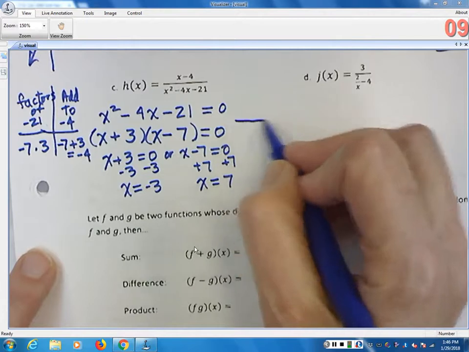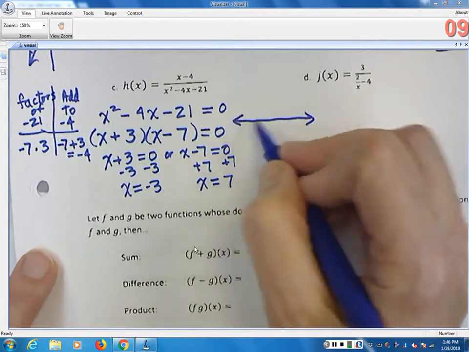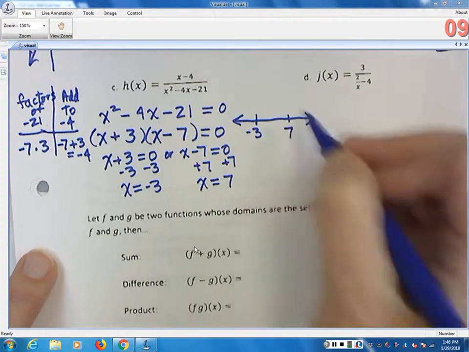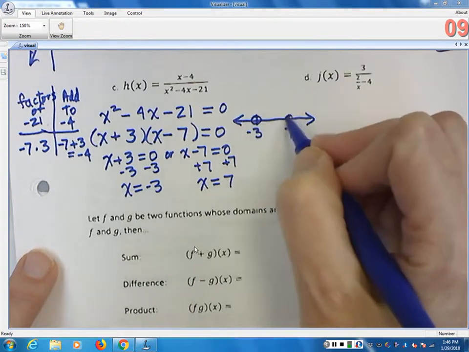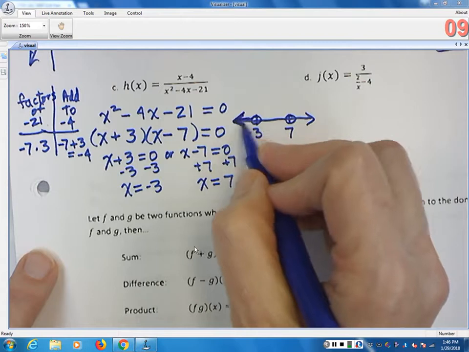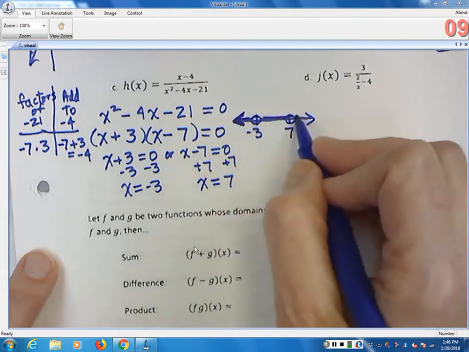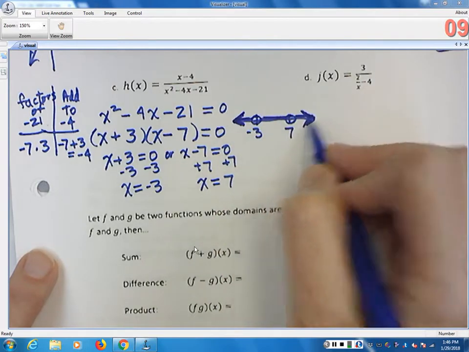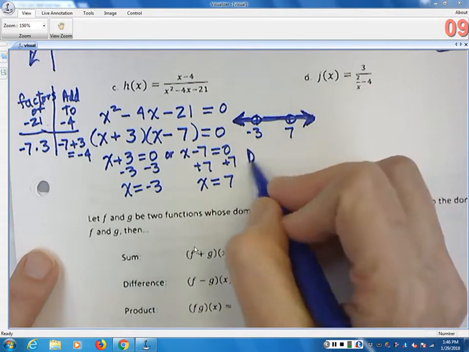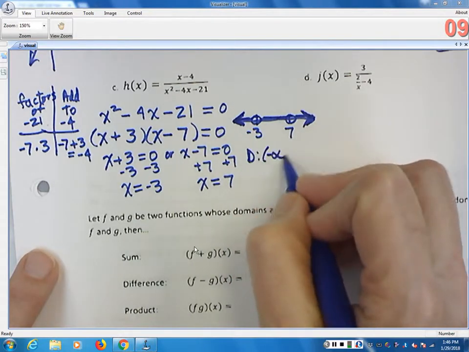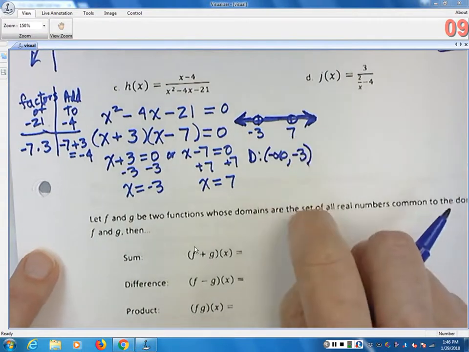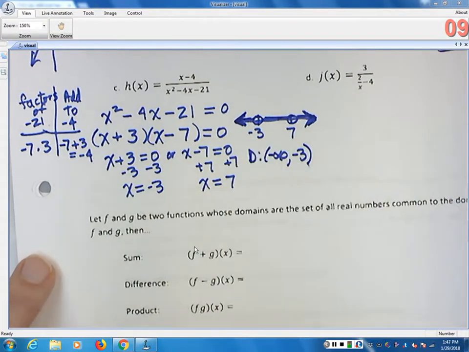So I'm going to show you, and maybe you don't need these baby steps, but if you're going to exclude these two numbers and you want to write it in interval notation, it's going to be these three areas. Negative infinity to negative 3, and we use a regular parenthesis because we're excluding the negative 3.